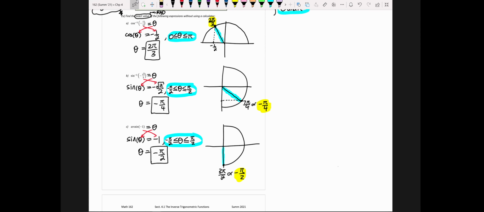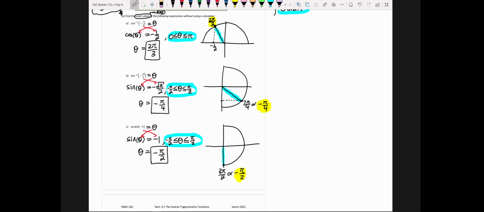And when we have an inverse trig function, we set that equal to theta. So we do the inside function and then the outside function, in that order.